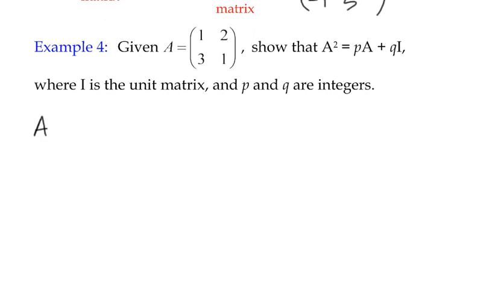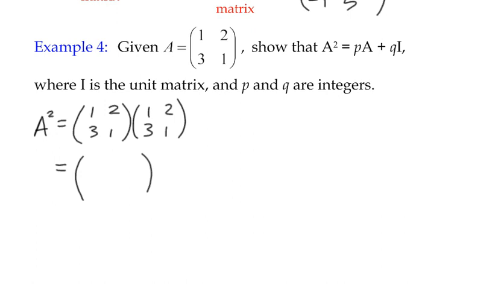So the first thing would be to have a look at what A squared actually gives us. So A squared would be matrix A multiplied by matrix A. 2 by 2 multiplied by 2 by 2 is going to give me a 2 by 2 matrix as well. And going through the motions here, first row, first column, 1 times 1 plus 2 times 3 is 7.